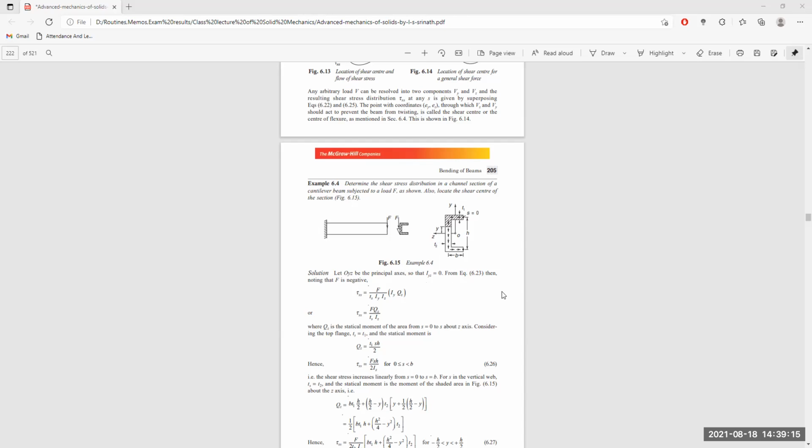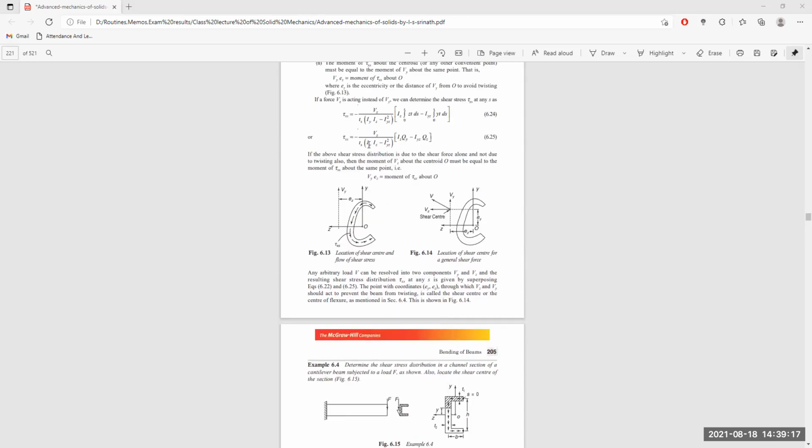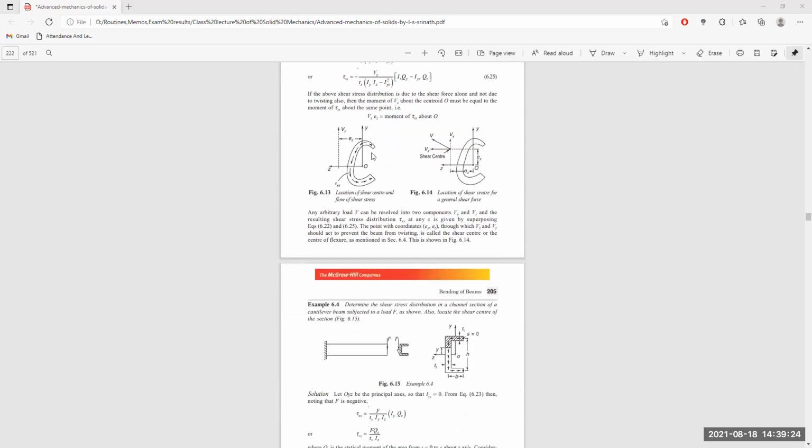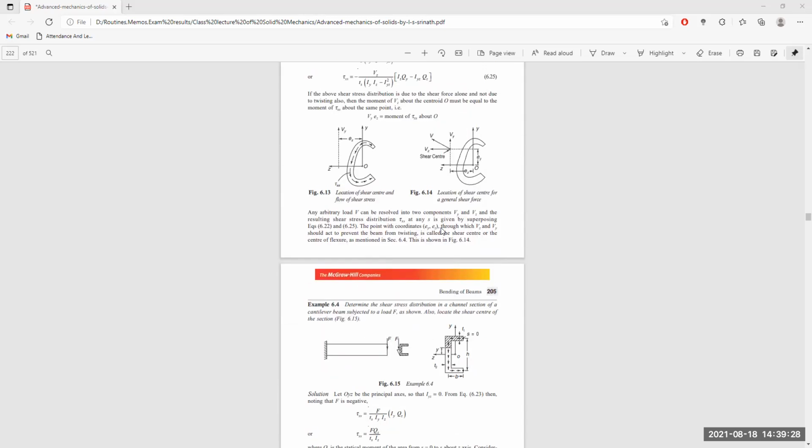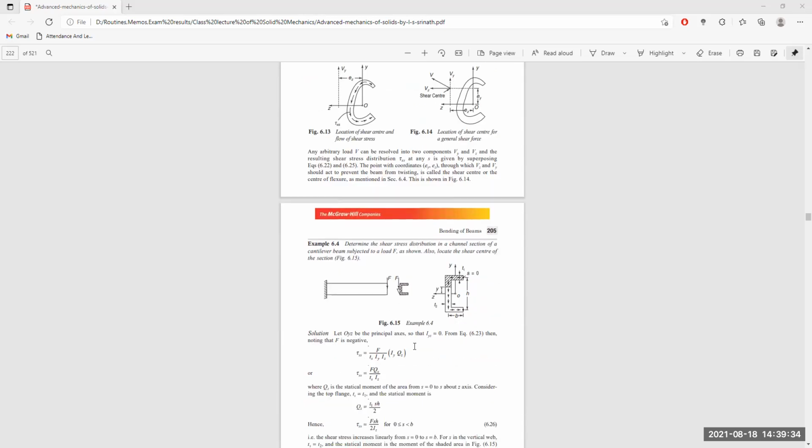Now, from the earlier equation, we are putting F equal to minus F, because there the load was in the upper direction. Here the load is in the lower direction, so we put minus F to use the same equation.